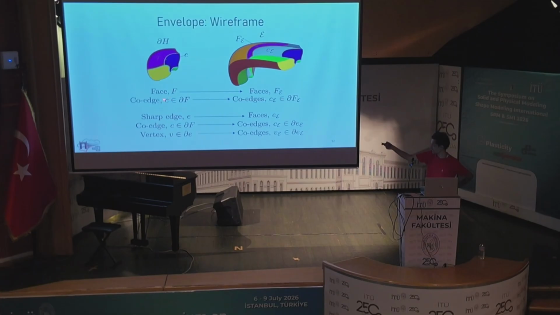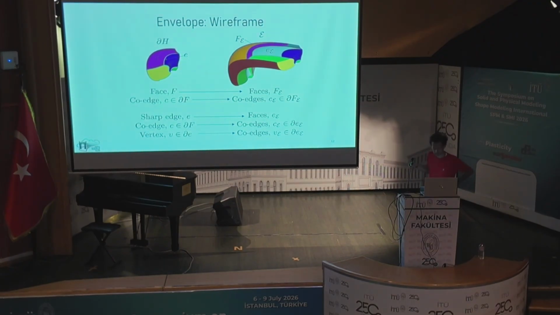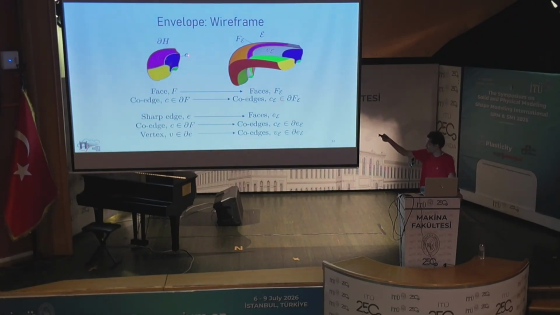Further, if you have a coedge C which bounds this face F, then this coedge C will generate a set of coedges on the envelope which bound the faces F sub E. Now these coedges C sub E will not only bound faces F sub E but also faces E sub E, where E was coinciding with C. For example, if you look at this edge over here, it bounds face F sub E as well as the face E sub E. Now these faces E sub E are also bound by the coedges generated by the sharp vertices that bound this edge E. But let's not get into details right now.